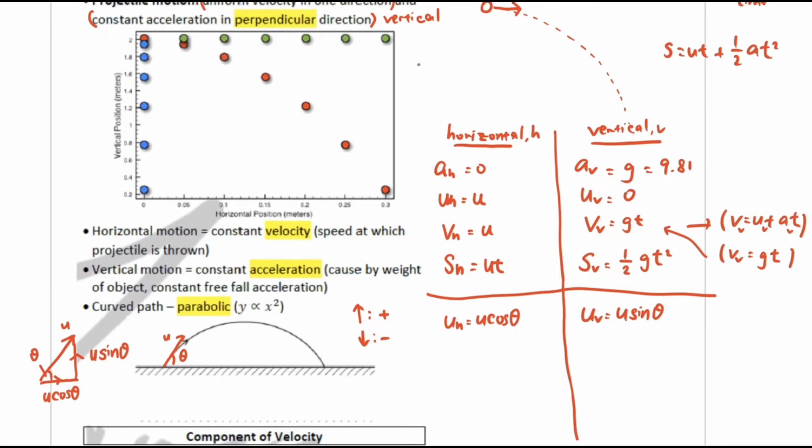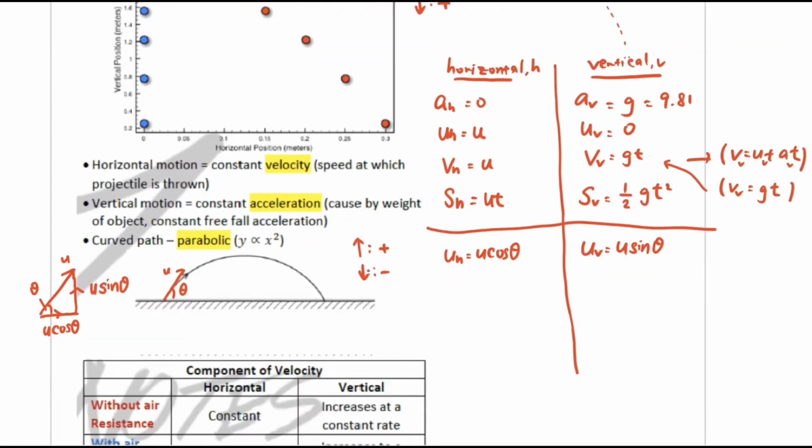It is just down all the time. We assumed down to be positive, so that's why our g can take 9.81. To make ourselves more convenient, we assume down to be positive. But now we have up and down, we have to assume up to be positive, down to be negative. Then the acceleration due to gravity is hence negative 9.81.